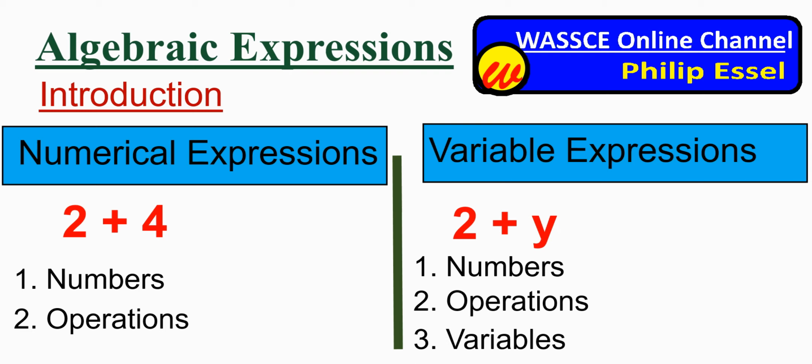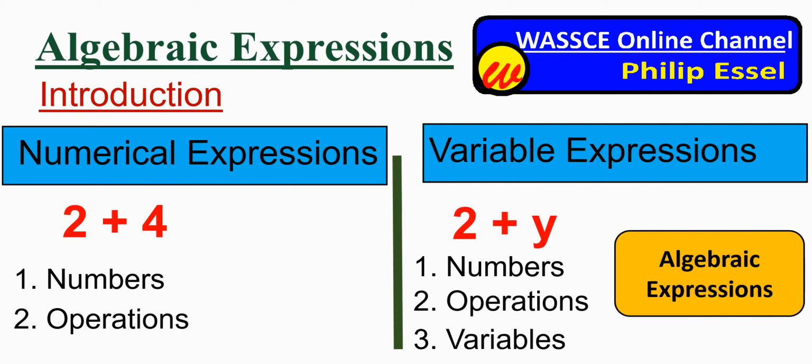At this point, let's note that any mathematical expression that contains numbers, mathematical operations, and variables is called a variable expression. As simple as that. Let's also note that variable expressions are also referred to as algebraic expressions.